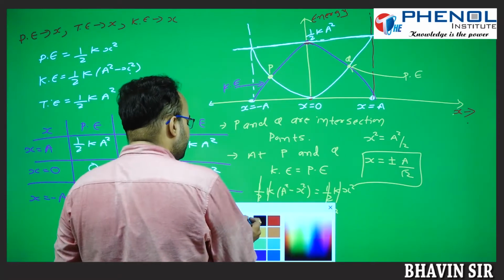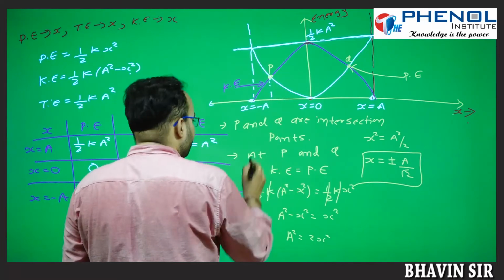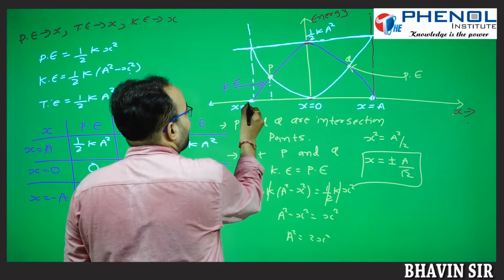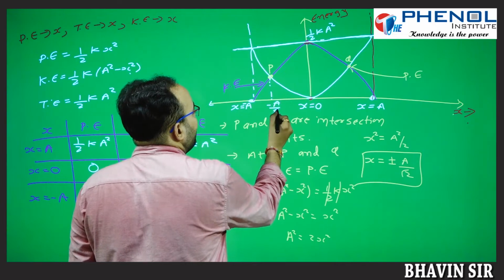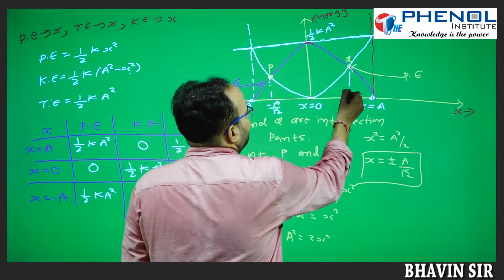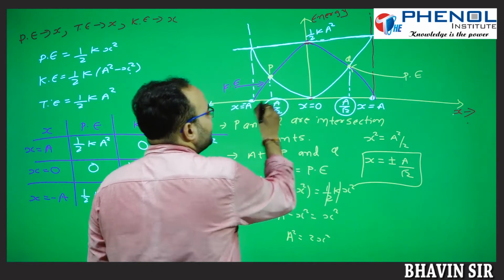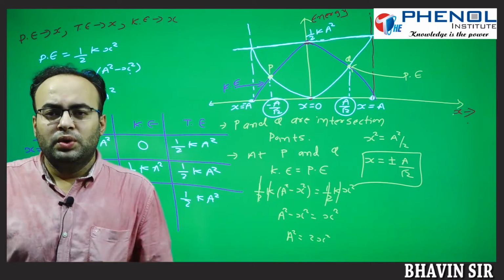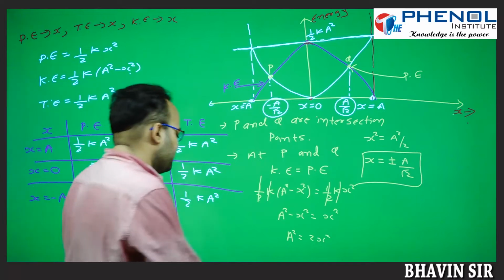So it means, students, at minus a by root 2 and at plus a by root 2, kinetic energy and potential energy become equal.